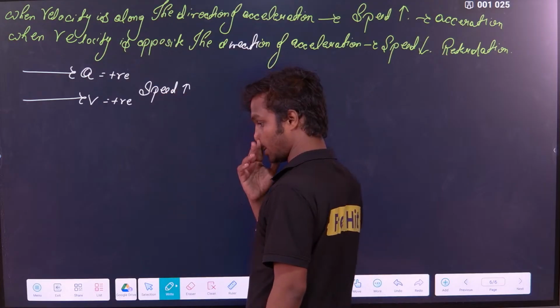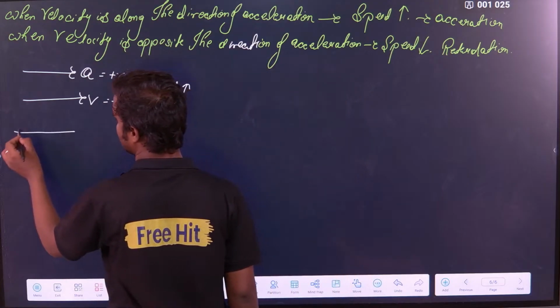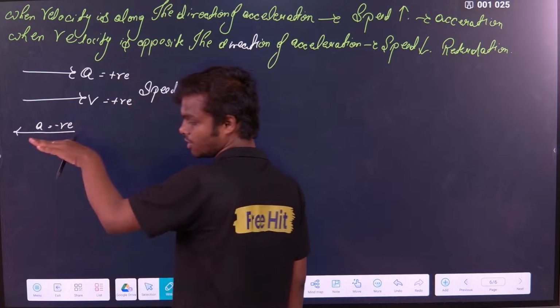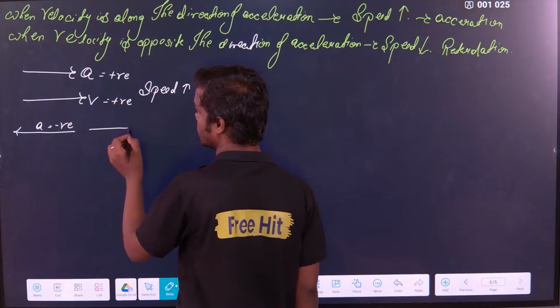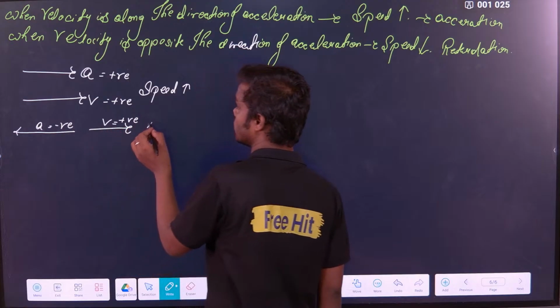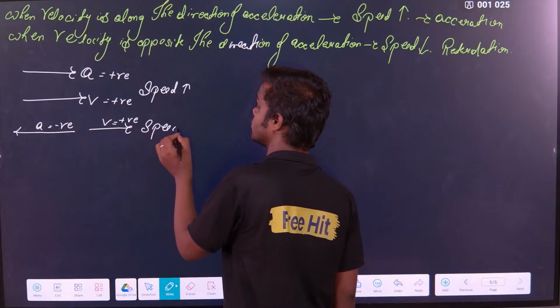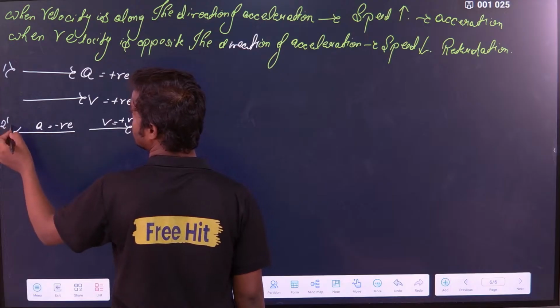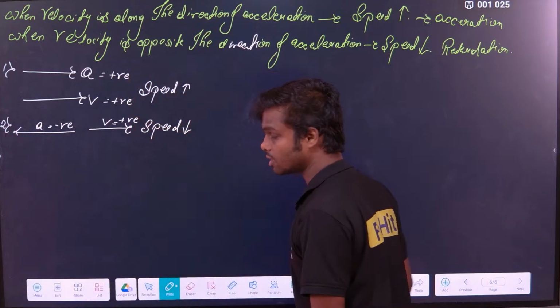Suppose this is my acceleration and it is negative in this case, because I am taking this direction as negative, and this is my velocity, positive in this case. So what is going to happen to the speed? The speed is going to decrease, correct?